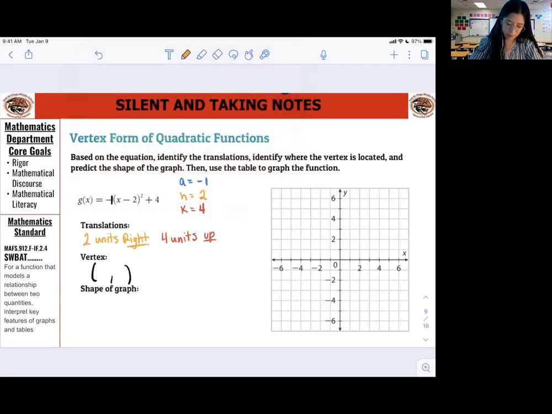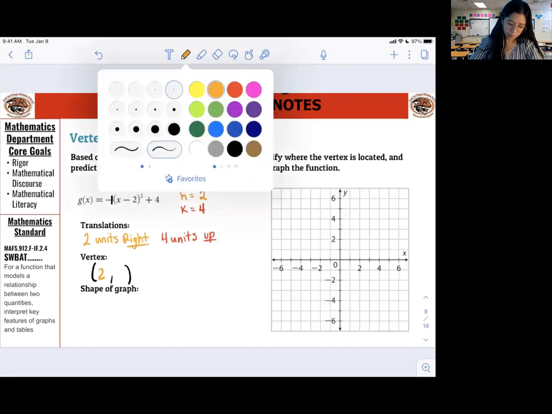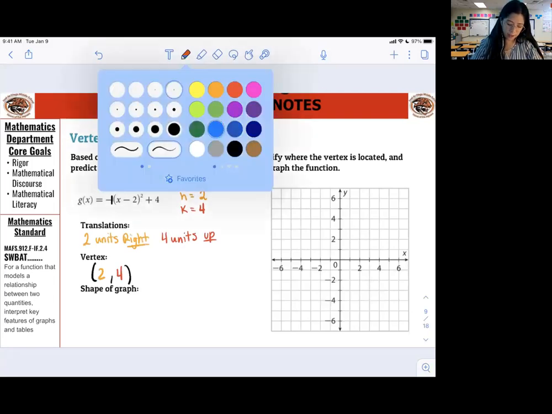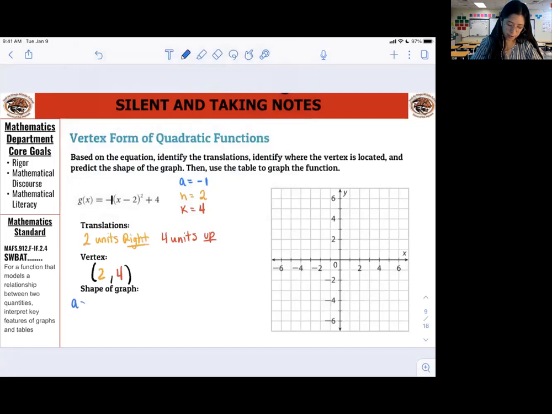Good, Jeffrey. 2, 4. It's the H, K. And if A is -1, what's happening to my graph? Reflect. There's a reflection, yeah. So where is it opening? Upwards or downwards? Good, downwards.